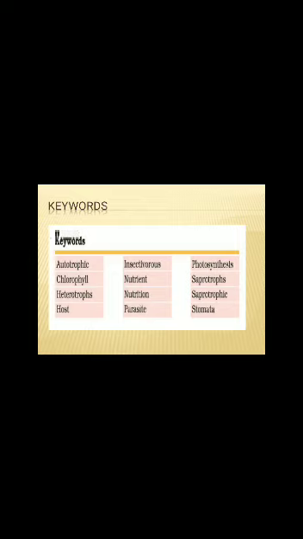Heterotrophs are those organisms which depend on plants for their food. Host: it is an organism on which a parasite derives its nutrition.